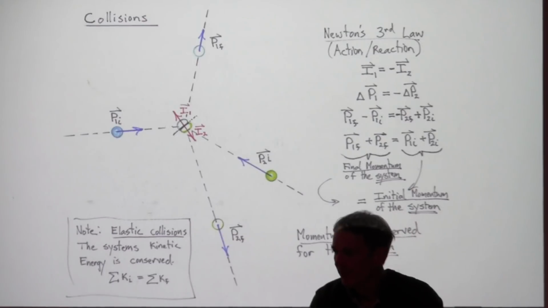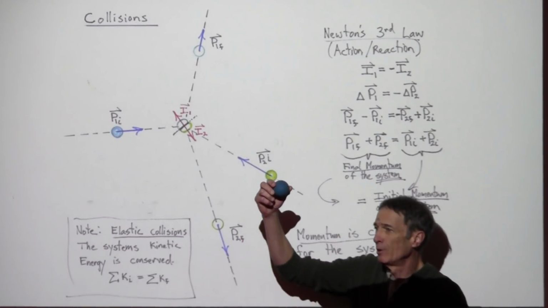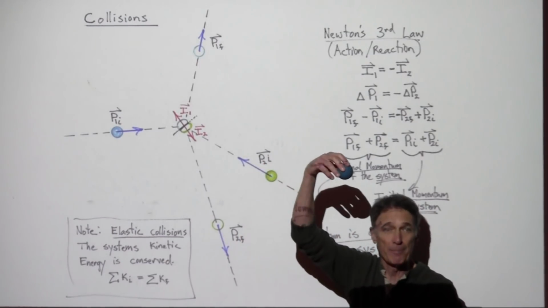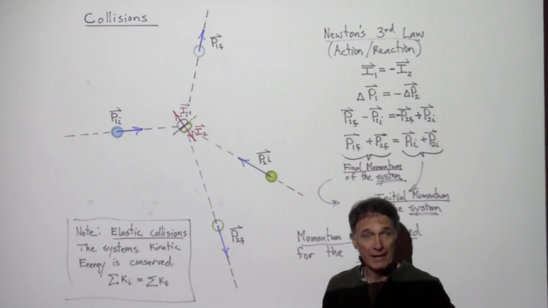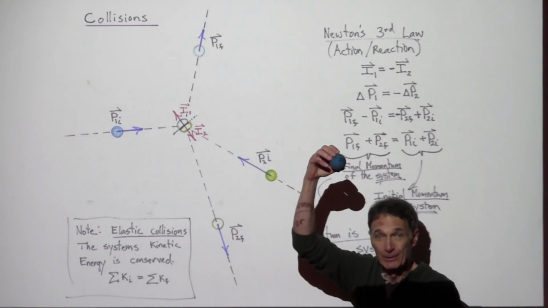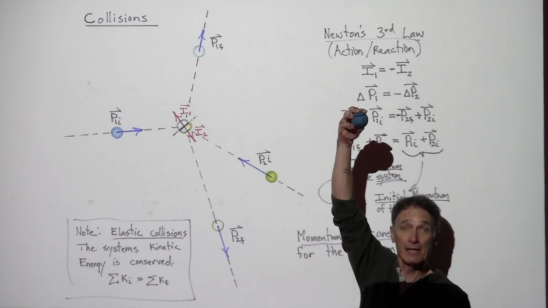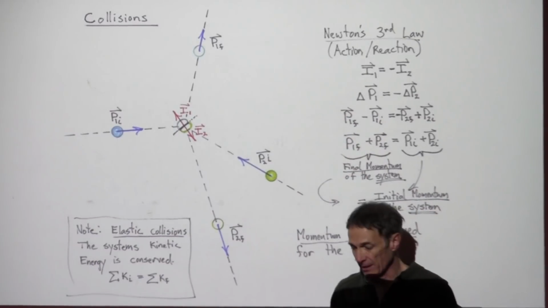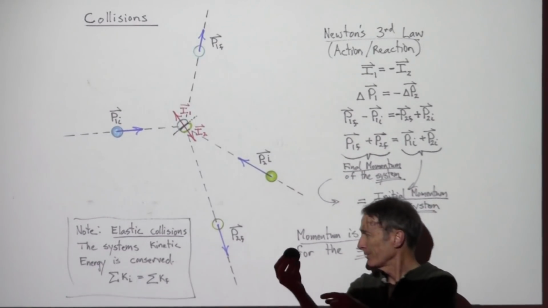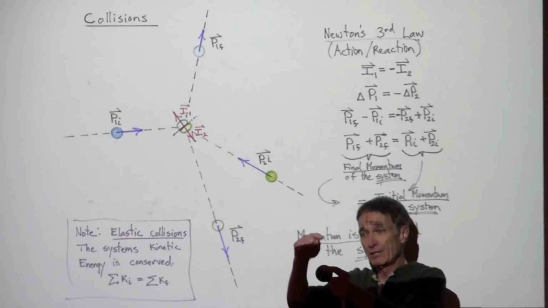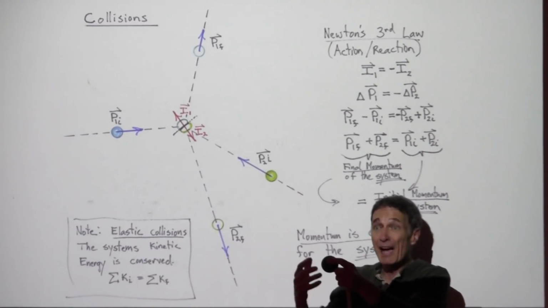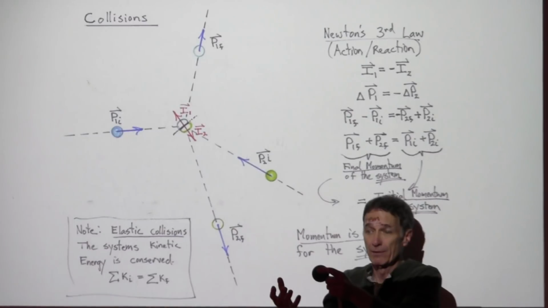A typical example: let's say I take this ball and I just drop it. Was that an elastic collision with the floor? No. Would it come up about this high? If I started this with mgh, and it doesn't even get off the table here, it's maybe got half the energy that it started with.